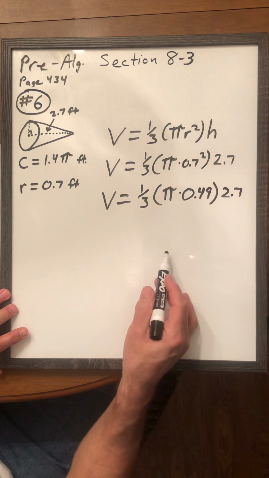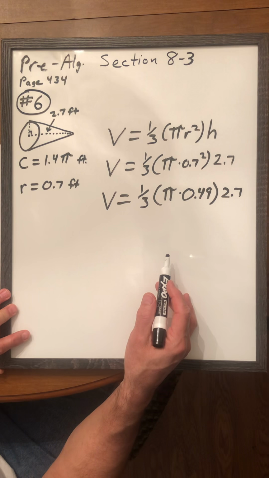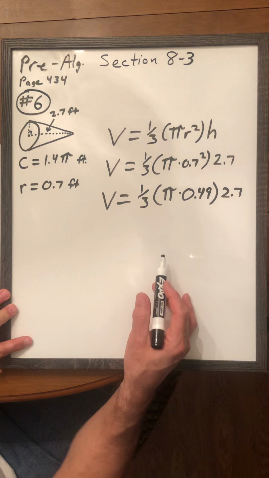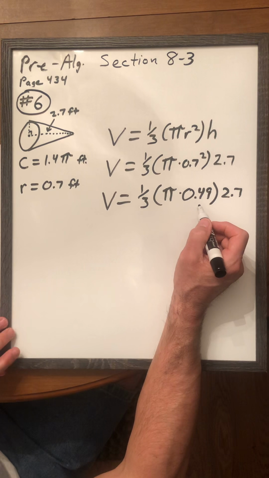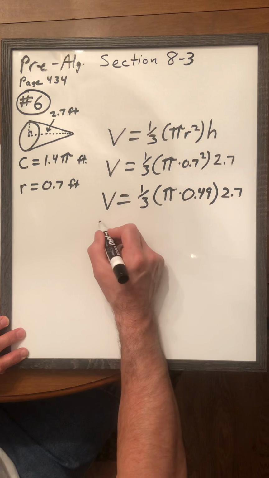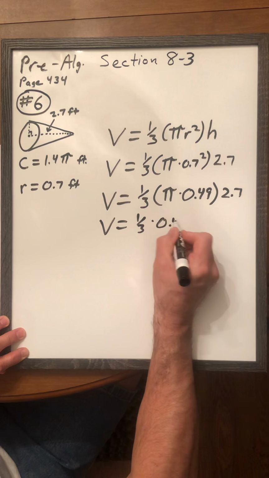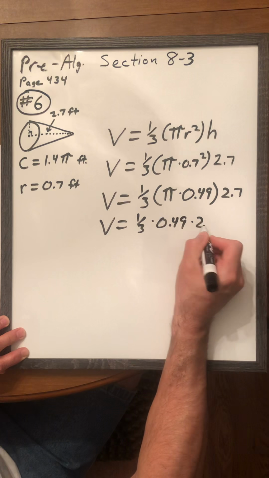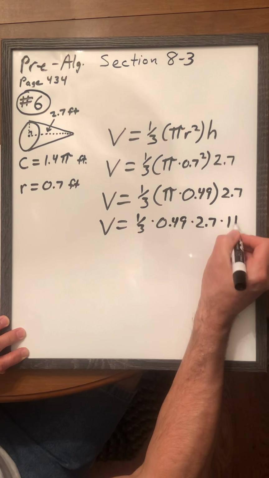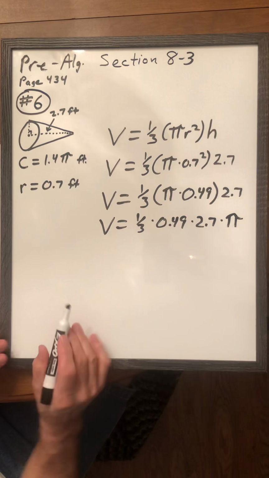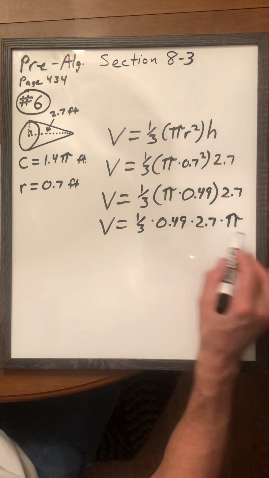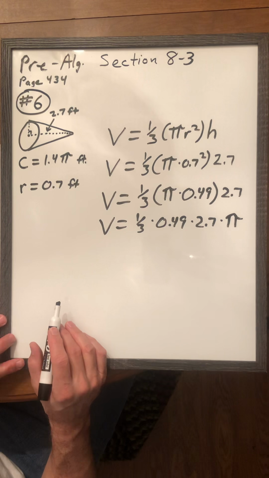I did the squaring of 0.7 first. Get rid of your exponents. And now I'm going to get my numbers lined up. This is going to be 1/3 times the 0.49 times the 2.7, and then it is times pi. This is all multiplication.